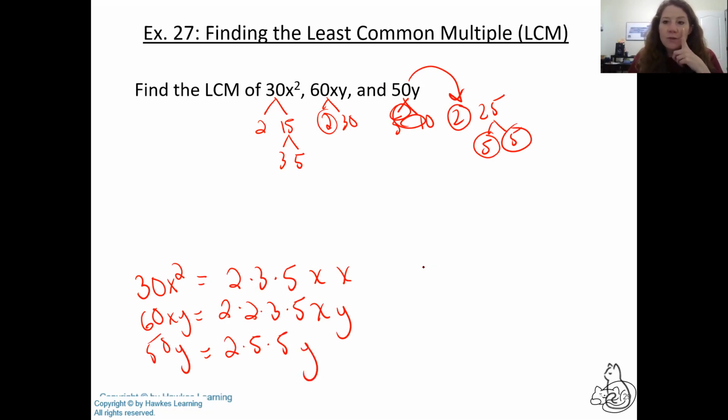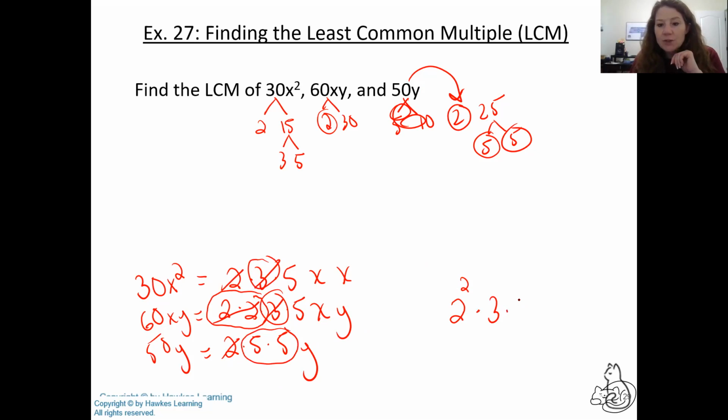All right, what are we going to use? Each unique factor and the greatest group of them. So I see 2's all over the place, but this is our largest group of 2's. So I'm going to say 2 squared. It represents all the 2's. All right, I see 3 here and 3 here. My greatest group of 3's is 1. And then there's 5, there's 5, there's 2 5's right there.